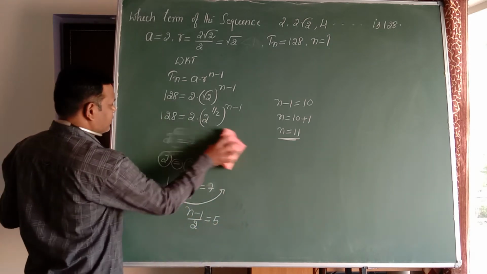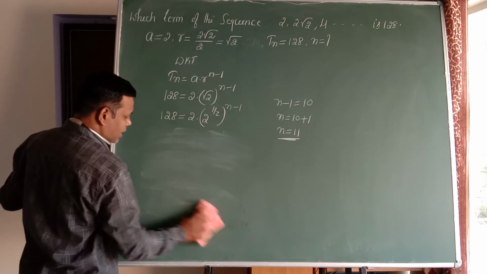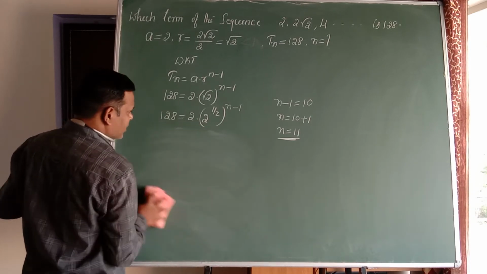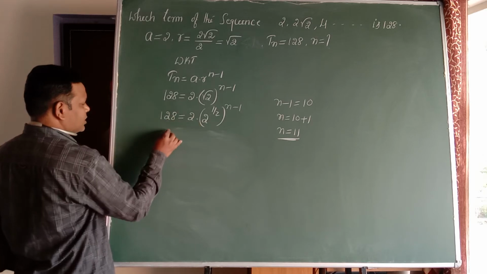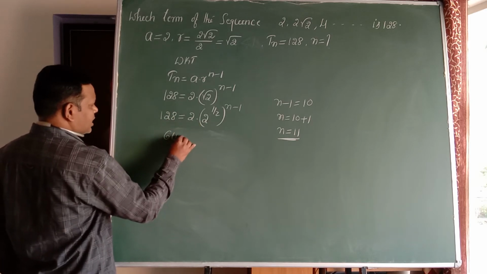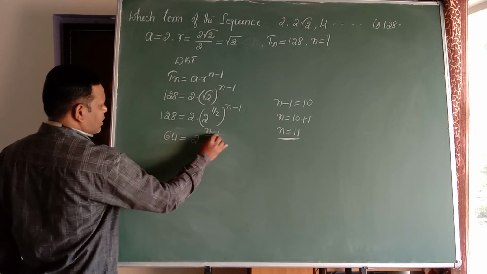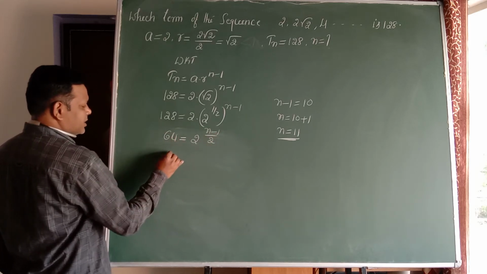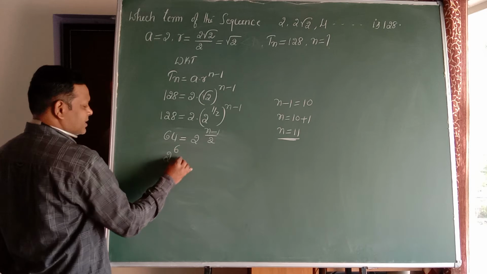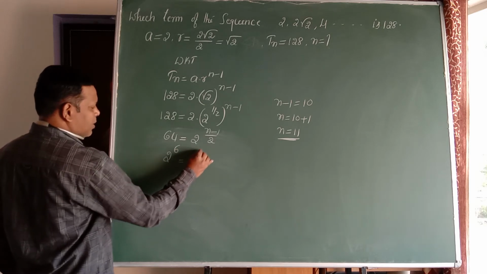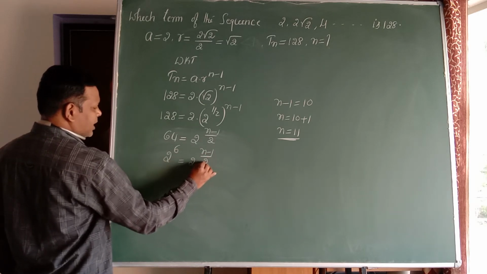In a simple way, I am going to explain here. 2 power 64 is equal to 2 power n minus 1 by 2. Now we express 64 as 2 power 6, equal to 2 power n minus 1 divided by 2.